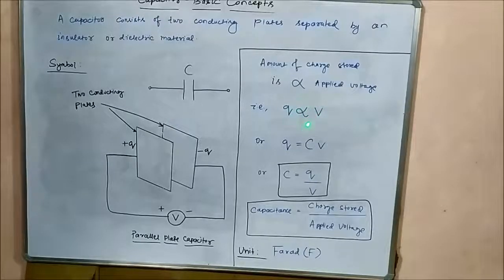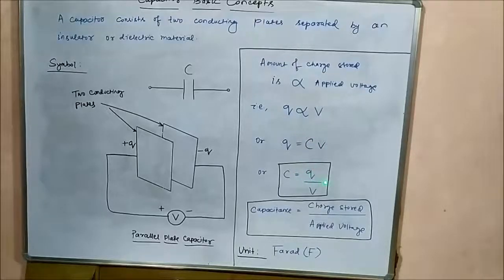Now, as there is a proportionality relationship here, there will be a constant of proportionality, and that constant of proportionality is C. Q is equal to CV, where capital C is the capacitance of the parallel plate capacitor, and that capacitance value is equal to Q by V, which is the ratio between the charge stored by the capacitor arrangement and the applied voltage.